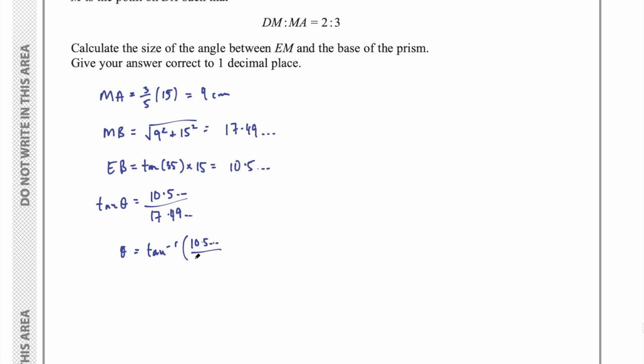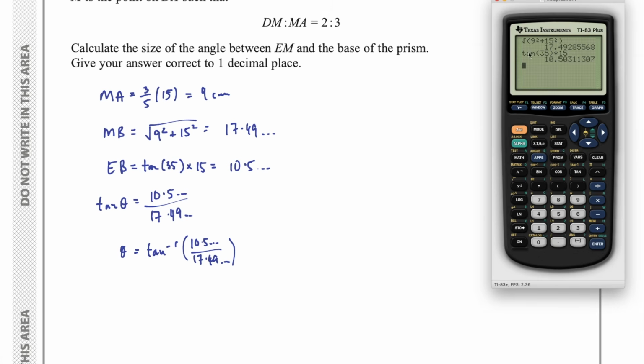Okay, so then we're going to put this into a calculator and it will do its magic. Okay, so the inverse tangent of the previous answer divided by 17.49. I'm going to put in 5 of those decimal places. That will give me enough accuracy. So 49285.